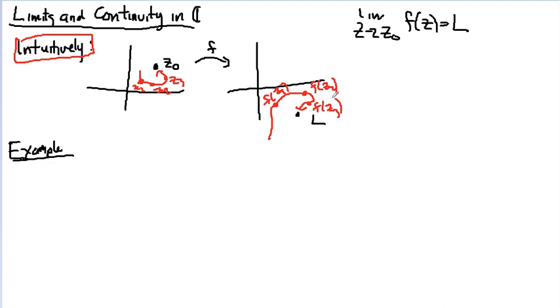Maybe z3 ends up out here, but z4, z5, z6 all get closer to L. That's intuitively how you think about it. As you get closer to z naught, you get closer to L over here.